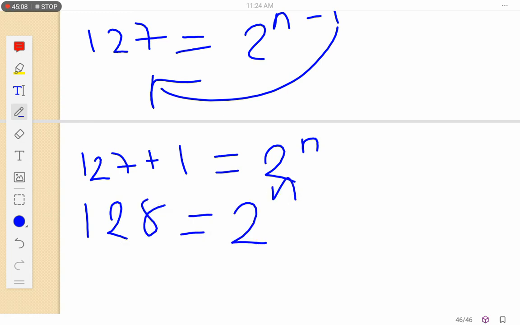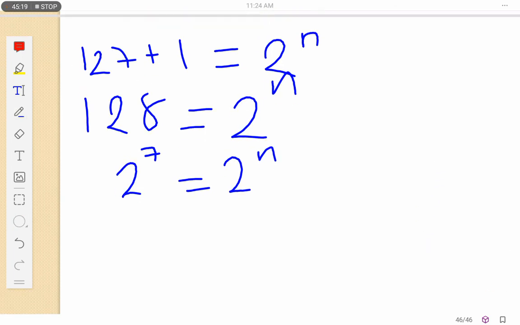I can write 128 in terms of a power of 2: 2 to the power of 7 equals 2 to the power of n. Therefore, n is equal to 7. Basically, that's how we find the nth term there.